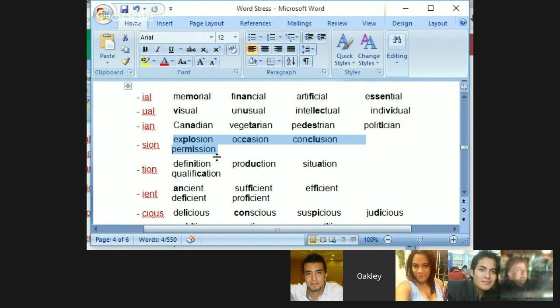The -sion suffix shows nouns. It helps you identify words that have these endings. You know it's got to be a noun. If you don't know the meaning of the word, when trying to figure out a word in context, it's really helpful to know what kind of word it is: noun, verb, adjective, adverb. Good job, Ken.